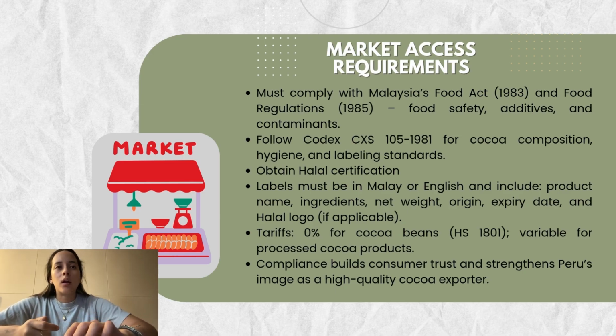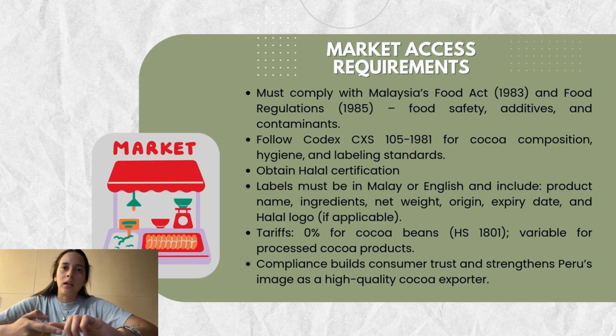Another key requirement is the halal certification, which ensures that the entire production process complies with Islamic principles from manufacturing to packaging. Regarding labeling, Malaysian regulations require that information must appear in Malay or English and also include the product name, ingredient list, net weight, country of origin, expiration date, and the halal logo if applicable.